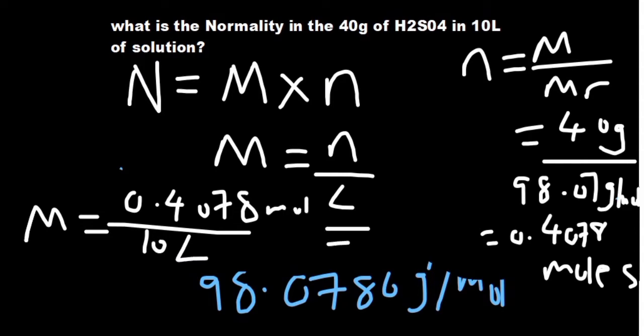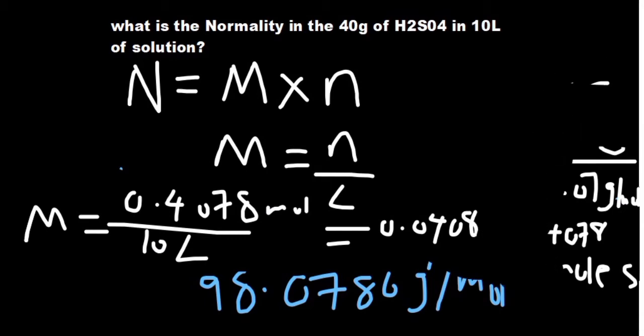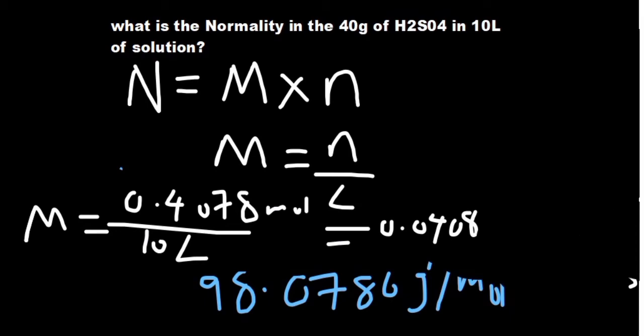And what we're going to have as our molarity is, dividing by 10, 0.0408. Okay, so we've determined our molarity, so that is the molar concentration.